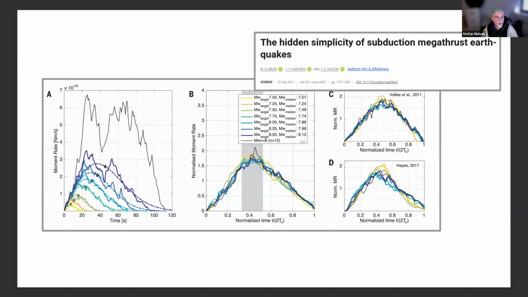So they looked at a number of earthquakes from magnitude 7.5 and 7 and above. And if you look at the initial slope of the moment rate function, it looks like they're all the same. So no difference in the way they start. This is a range of magnitude, which is obviously limited to 1.5 difference.